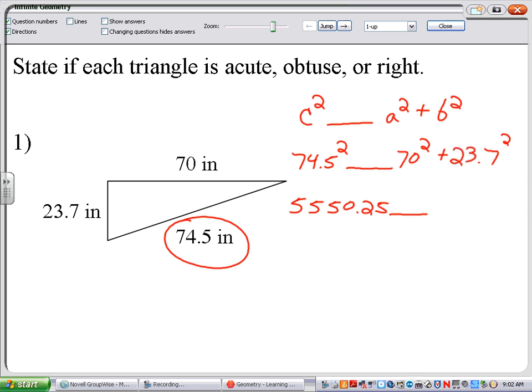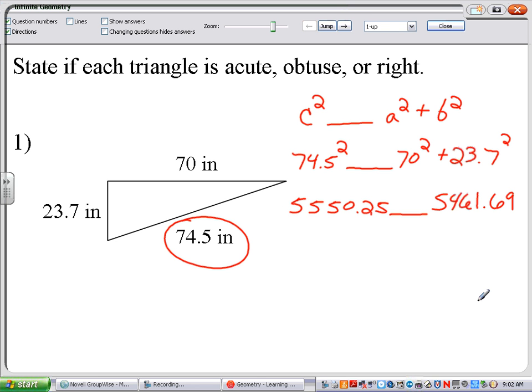My blank. I'm going to press clear. I'm going to go 70 squared plus 23.7 squared, and that comes out to be 5,461.69. And I want to compare those two numbers.